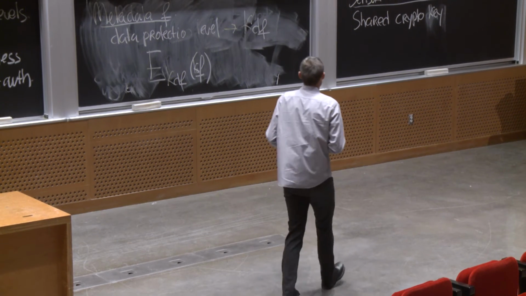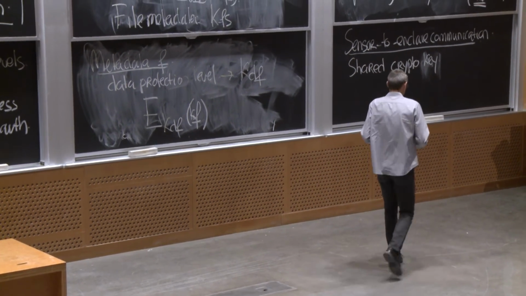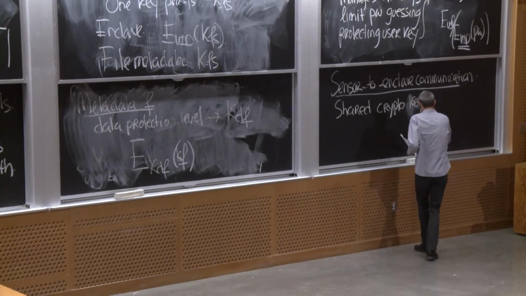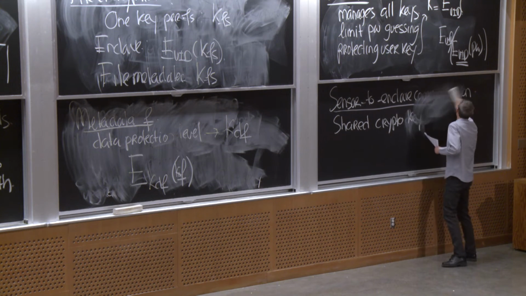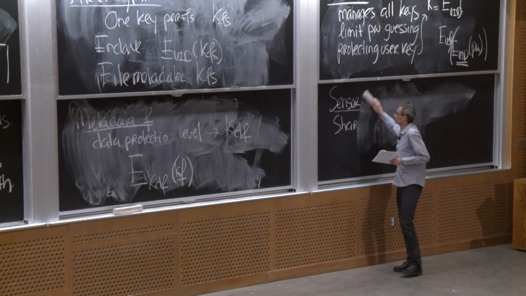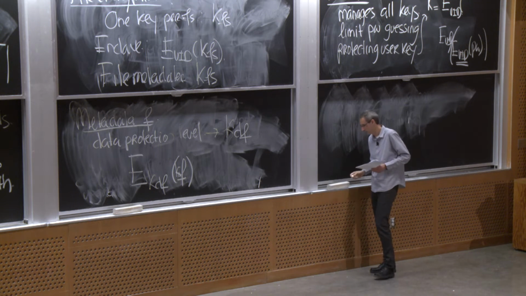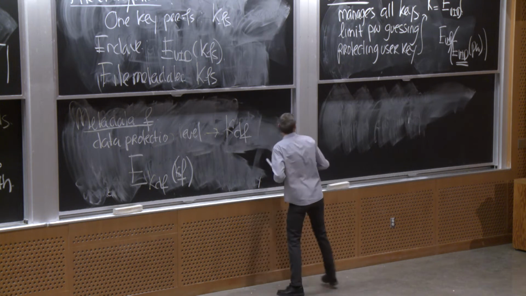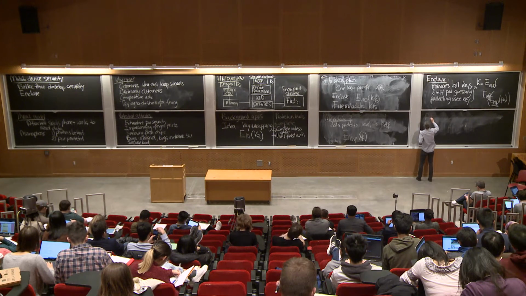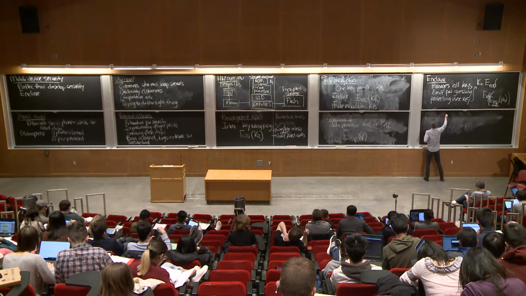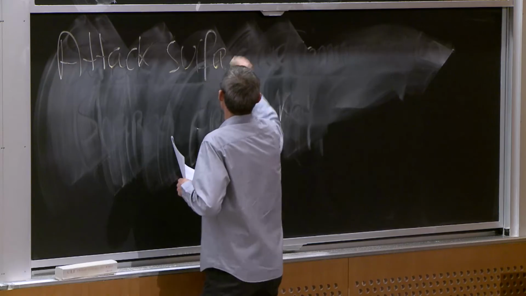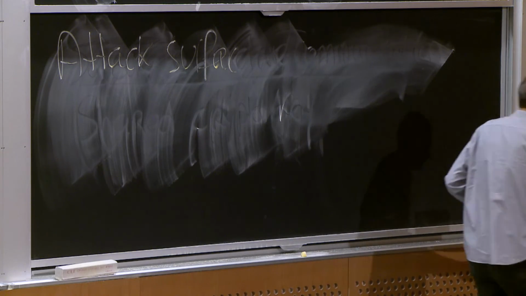Okay, so now let's step back a little bit and ask ourselves, how secure is this? And what is the remaining attack surface? I'm going to get a new piece of chalk.